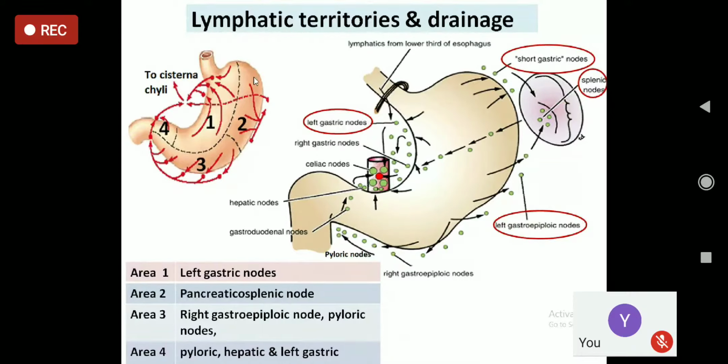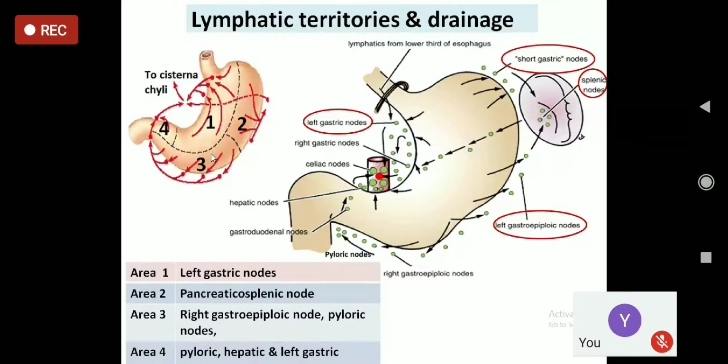It drains along the splenic vein, left gastroepiploic vein and short gastric vein, and drains into the pancreatico-splenic lymph node. So short gastric nodes, splenic nodes, and then pancreatico-splenic nodes are the lymphatic drainage of area number 2.